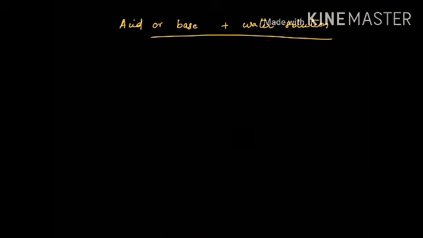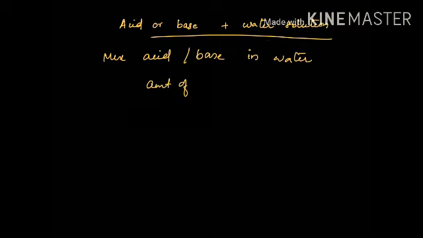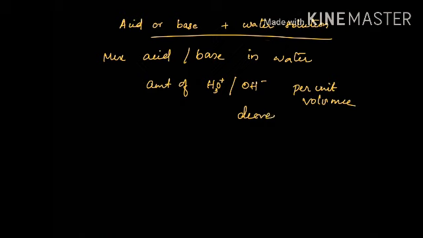But when we mix an acid or a base in water, what will happen? The amount of ions present, ions meaning H plus ions, or instead of H plus we can write H3O plus ions, or the OH minus ions per unit volume will get decreased, right?